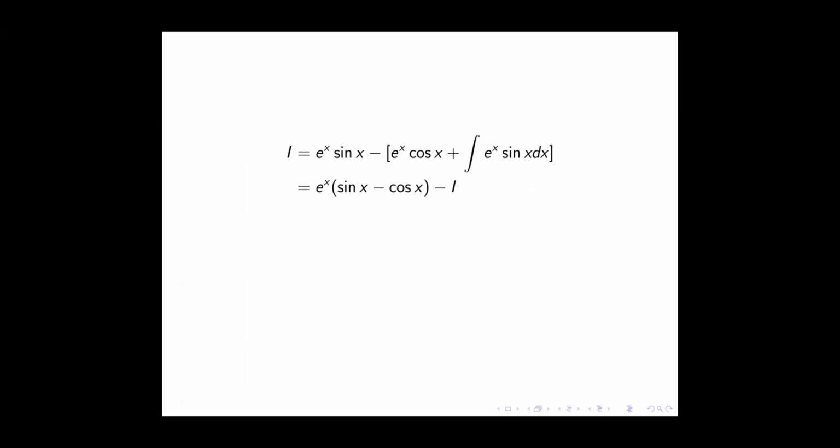And as I said, this part here is exactly I. So when you break the brackets, what you obtain is I equal to e to the x times sine x minus cosine x, minus I. So now you can move this I to the other side, because of the sign here. And of course, when you do that, you have to add in the constant C. And then you divide by 2 to obtain the answer.